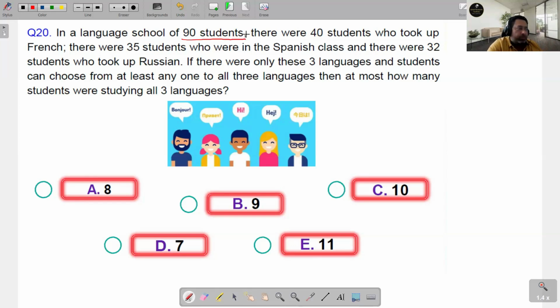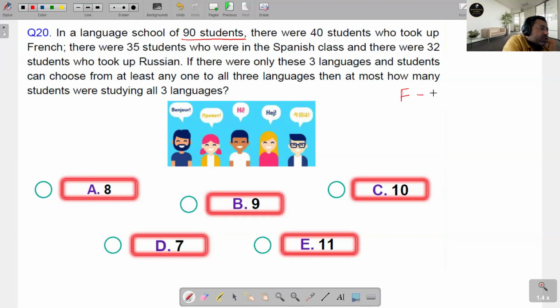All right. Now, some of them who took French were 40. Out of the 40 students, maybe some took other languages as well. Similarly, there were 35 in the Spanish class and 32 in the Russian class. If we add these lists together, out of which some might be common, we will get the total number of students in these 3 classes, correct?